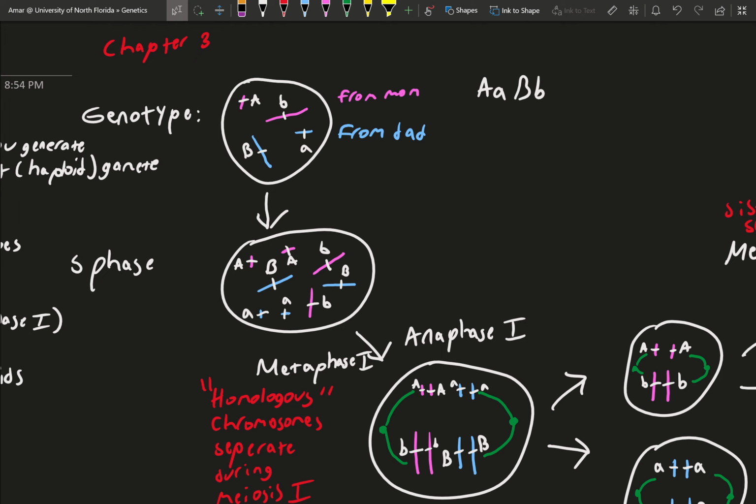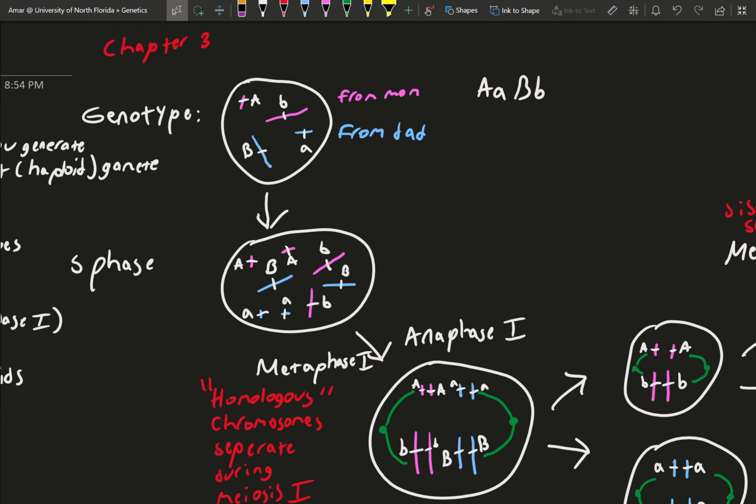Whenever you have a definition, it can get confusing because you're not really visualizing what they are. Homologous chromosomes are chromosomes that come from different parental origins, but they have the exact same genetic information. They have the same genes, but they can have different alleles. What's important is that they come from different parents.